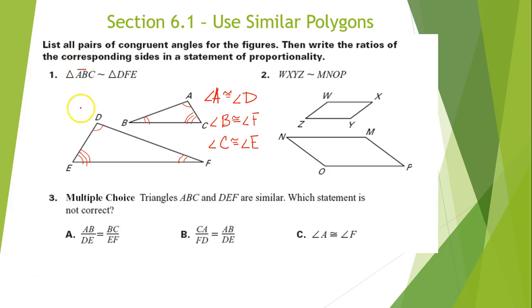So AB and DF. AB over DF, that is equal to the next segment, BC over EF.